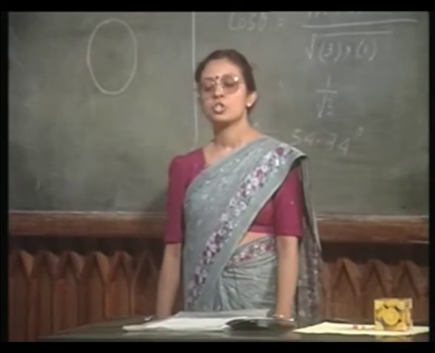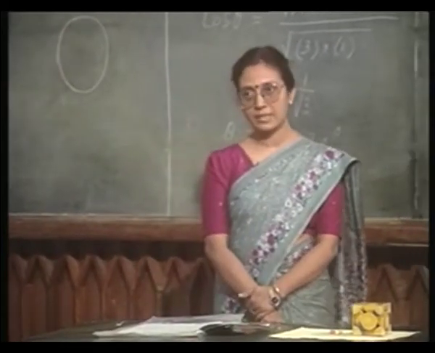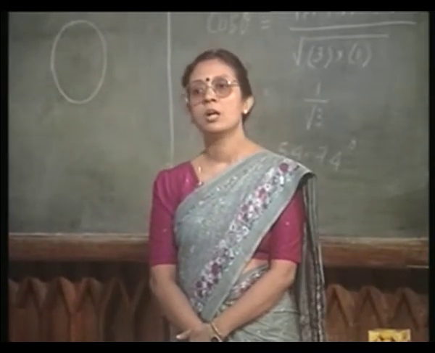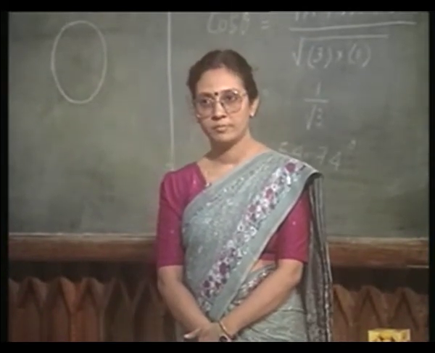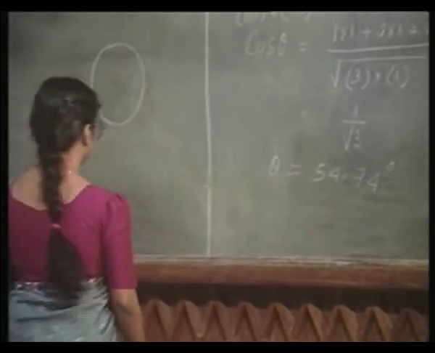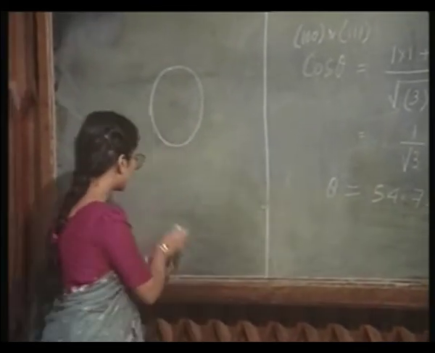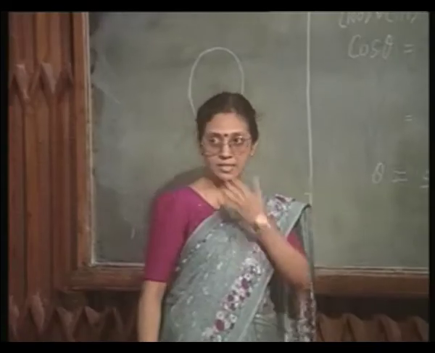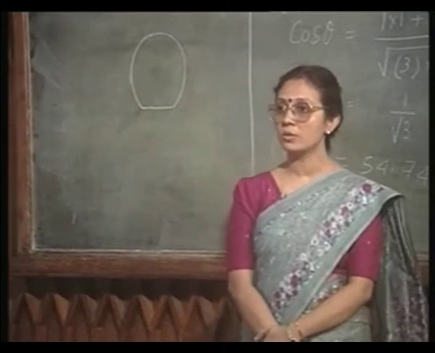So, it is common practice to provide this direction on a silicon wafer. How does one provide this direction? Simply, see, this is otherwise a circular disc. One side we provide a flat. This flat is along the 1 1 0 direction.